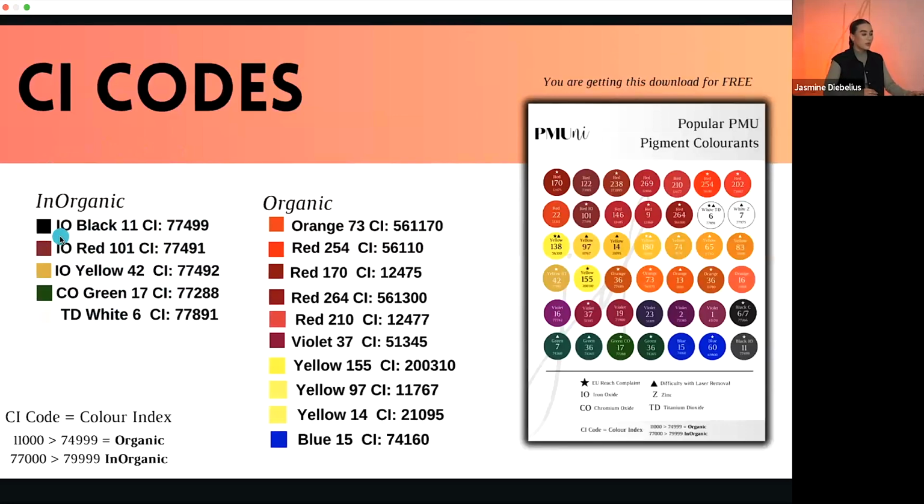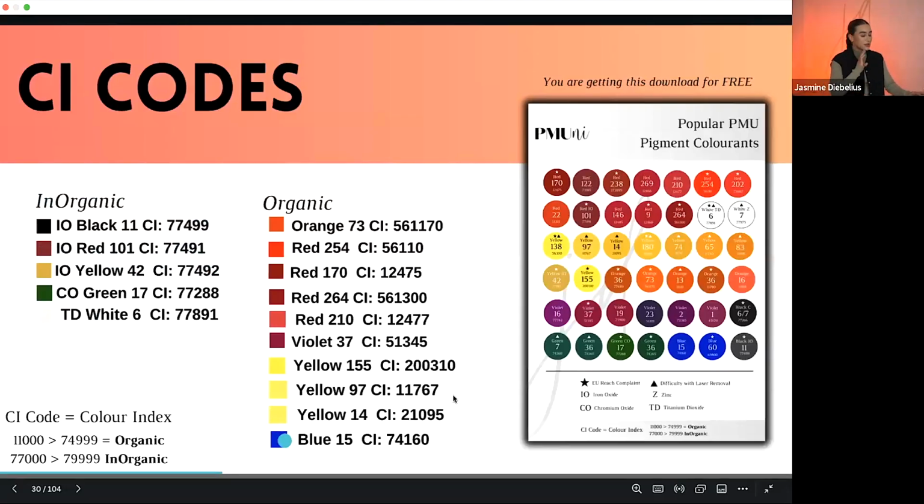For example, inorganic black, iron oxide black 11, is CI 77499, and that will not change. So you can cross-reference that with what you're using and see what is in your inks. We have red 101, 77491.